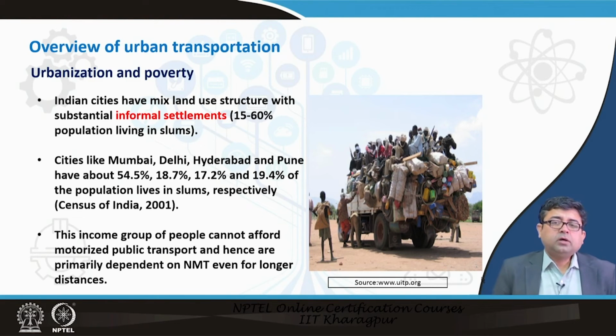The other issue with urban transport is how it can help facilitate the livelihood of people, right. As you start reading more and more about transportation, one thing to keep in mind is that transportation is a derived demand, right, meaning you travel from one place to the other for some purpose.